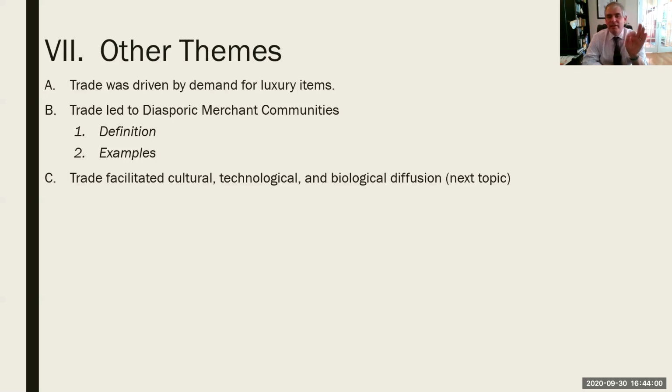The big thing that you want to understand about the diasporic merchant community is that they maintain their cultural practices. But their cultural practices also start to blend in with the culture that they're living with. Religion would be a great example of how culture spreads, but also think about music and how music spreads and influences other cultures.